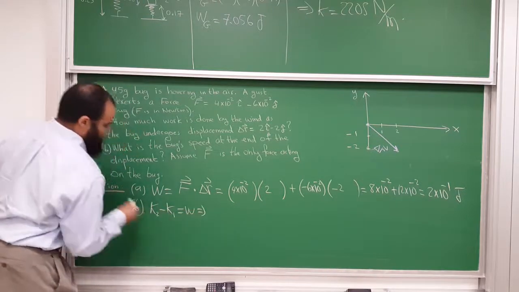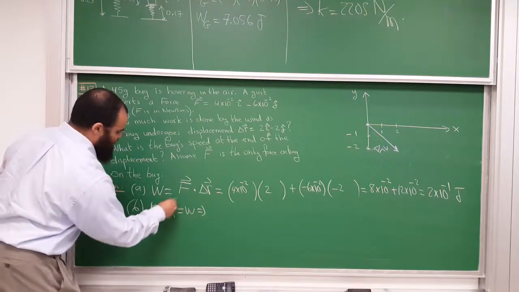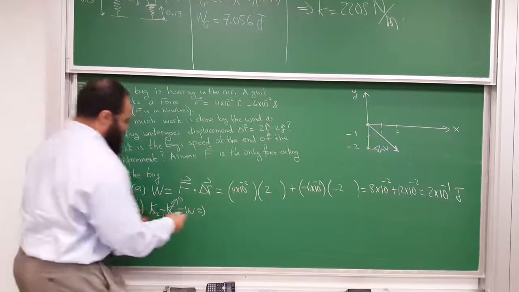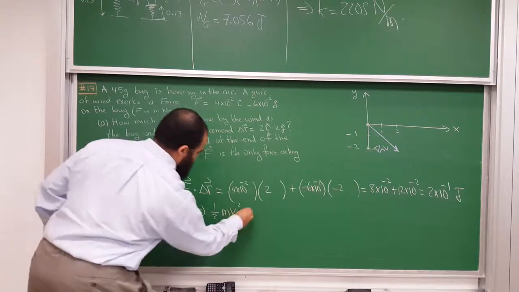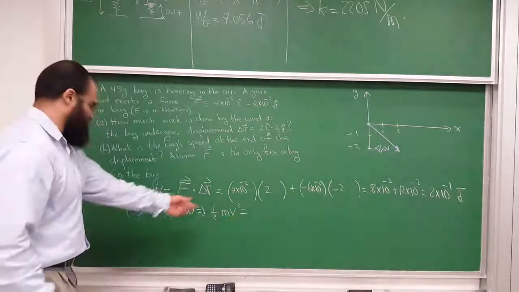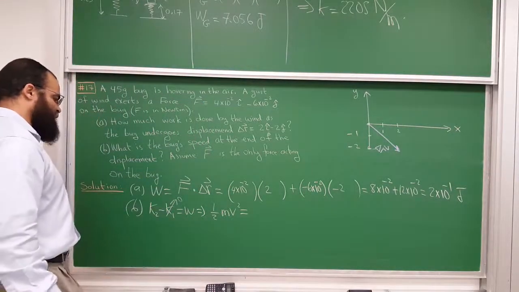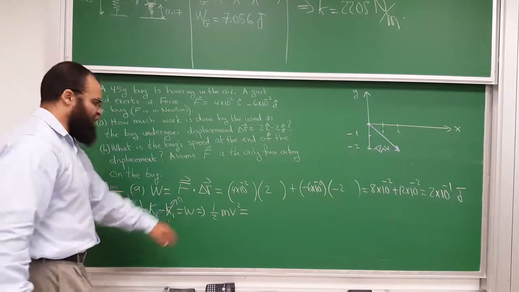The kinetic energy at the beginning is 0. The kinetic energy at the end is 1/2 the mass times the speed at the end squared, technically minus 0, but this part is gone, equals W.